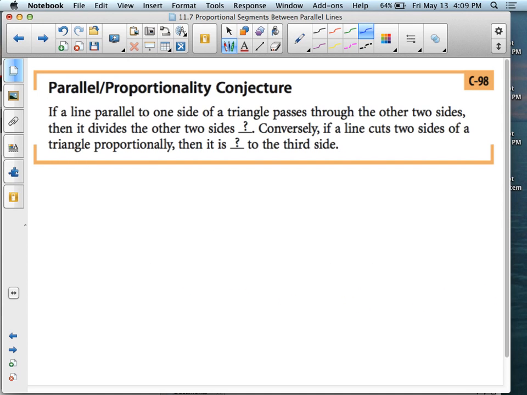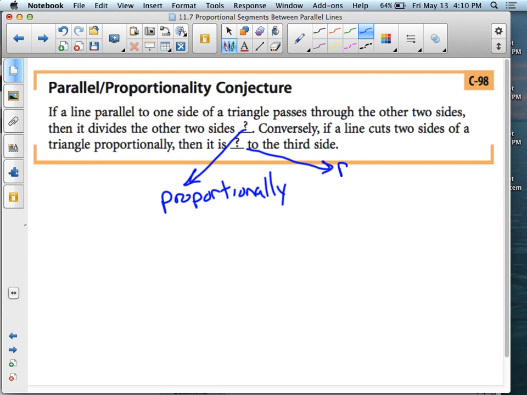The parallel proportionality conjecture. If a line parallel to one side of a triangle passes through the other two sides, it divides those two sides proportionally. Now the converse of that, let's say we have a line that cuts two sides of a triangle proportionally.